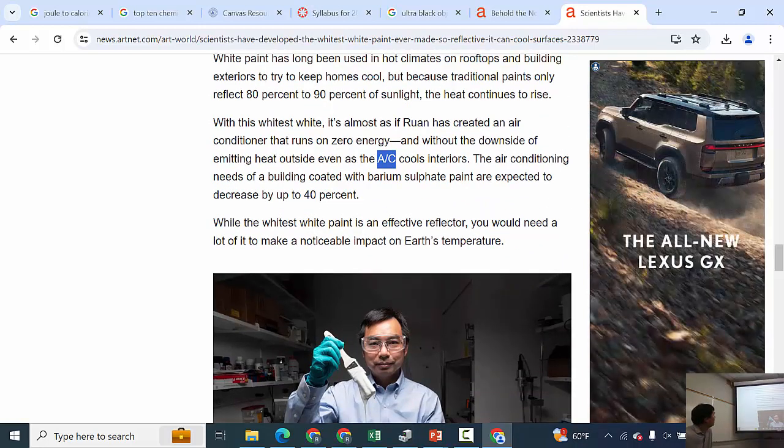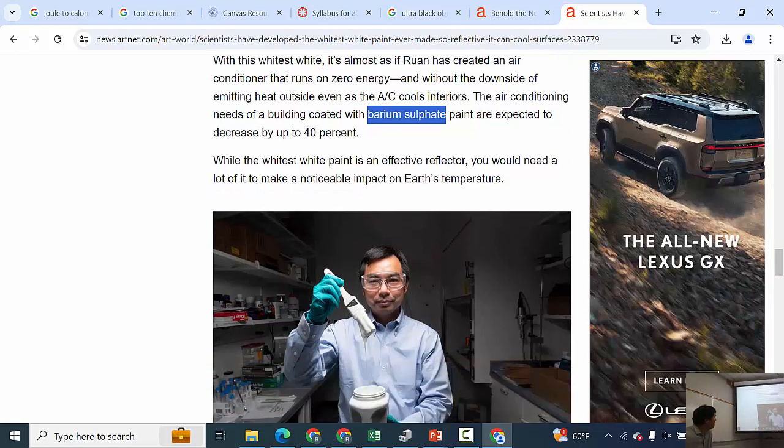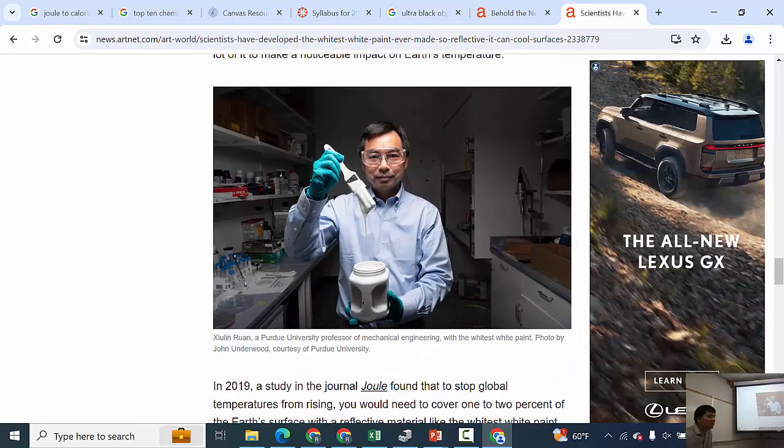Ooh, the air conditioning needs of a building coated with barium sulfate paint. So the barium sulfate is that white precipitate that's super white, are expected to decrease by up to 40%. That sounds ridiculous. That's simple. Barium sulfate's easy to make.